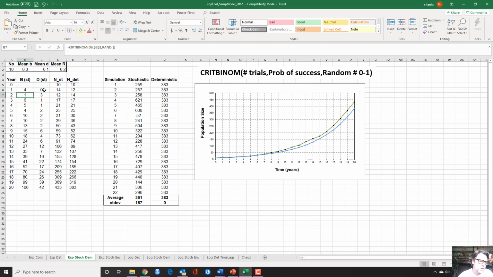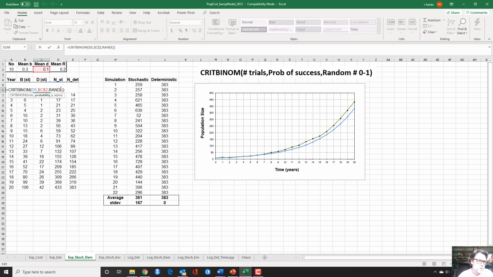Then in our death, we have the same formula here, and instead of 0.3, we have 0.1. The mean death rate is listed as C2, and D5, which you can't see, is the number of individuals in the last generation, which was 10 for this example.